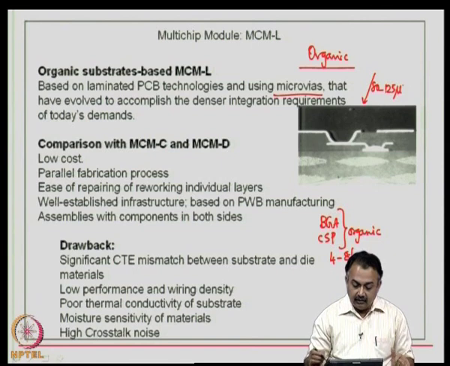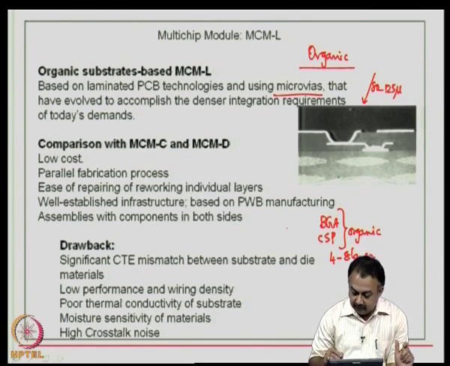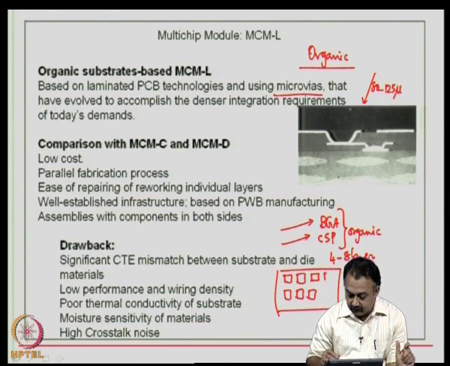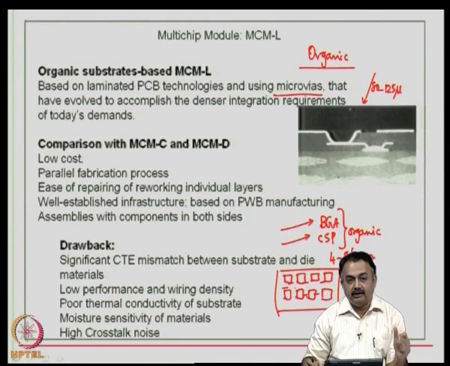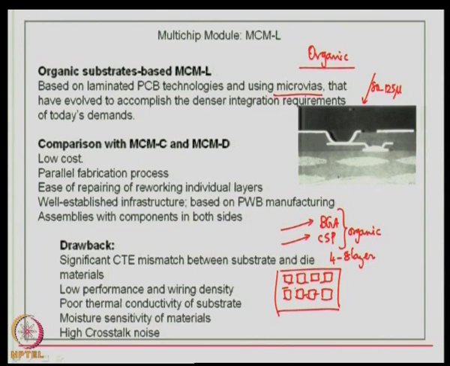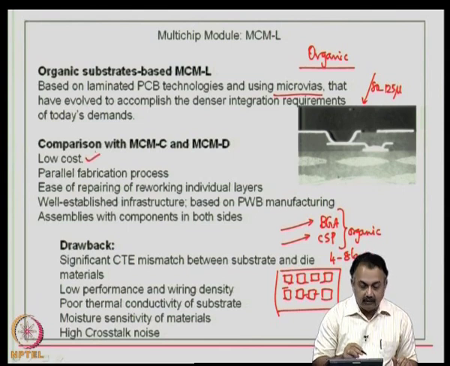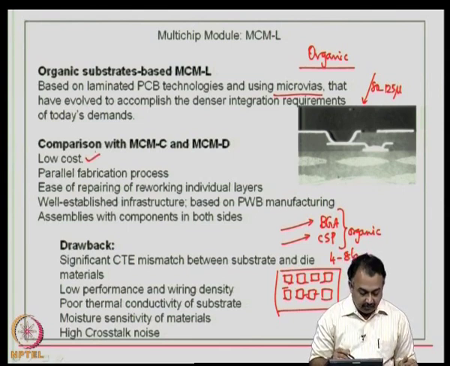So, MCM-L will be typically used for manufacturing BGA components, CSP components, but at the same time you can imagine an organic substrate in which various dies are placed on the organic substrate, and then they are interconnected, and these interconnects pass through various layers. Okay. So, MCM-C and D are much more expensive processes. So, MCM-L is supposed to be low cost because it follows organic processing and PWB processing.